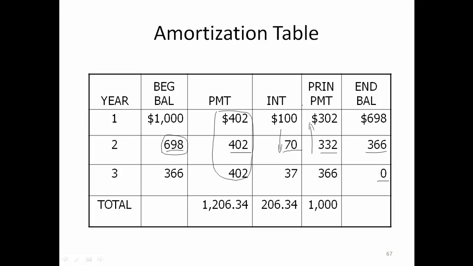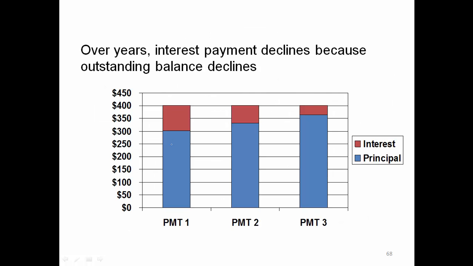And again, our interest expense is $37 now, 10% of the remaining balance from the beginning of year 3, and this is lower than the interest expense from the second year, and the principal portion goes up. So this chart just illustrates the fact that the interest payment declines because the outstanding balance declines every time.